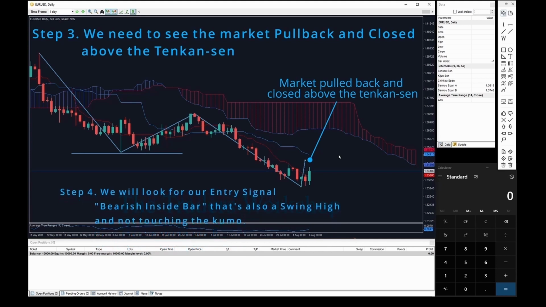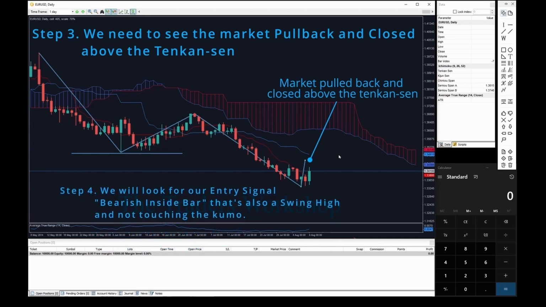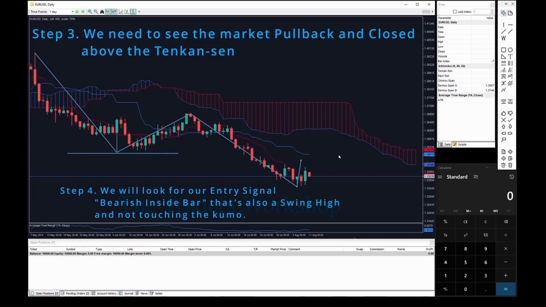For step 4, we will now look for our entry signal, a bearish inside bar, that is also a swing high, and not touching the Kumo above. This is a bearish inside bar, and this will be our entry signal. The mother bar should be the swing high, and in some cases, the mother bar and the inside bar have an equal high, and that is still a valid signal.